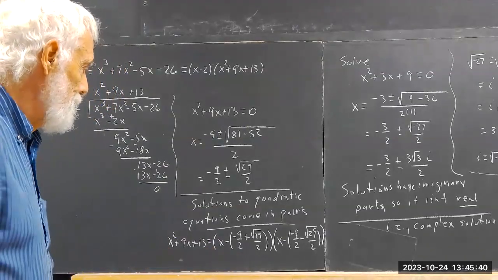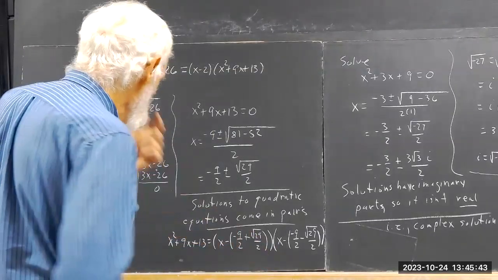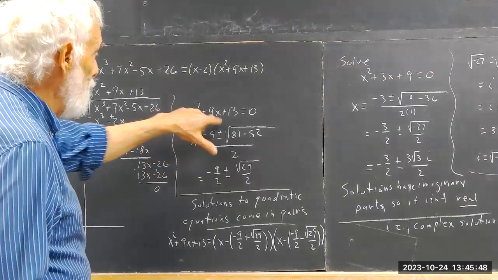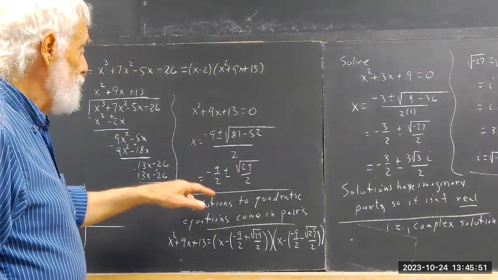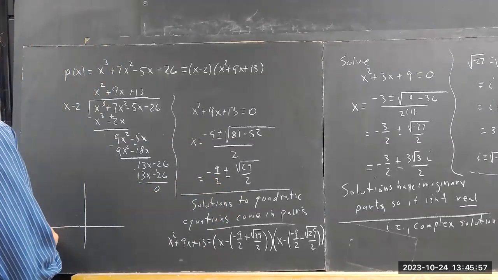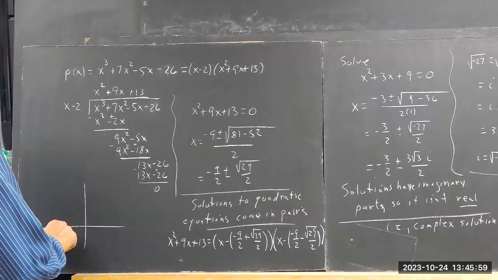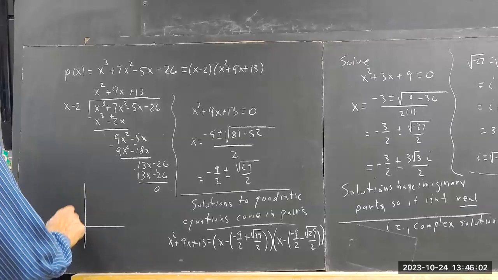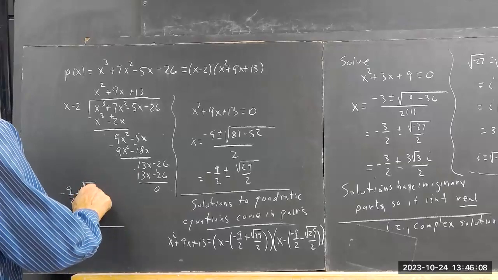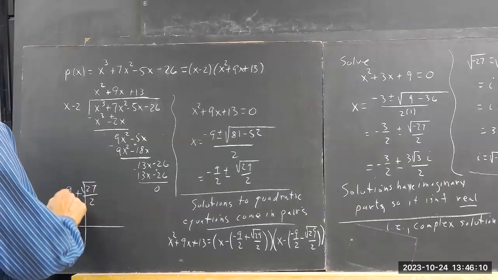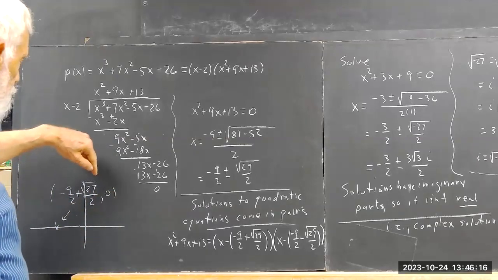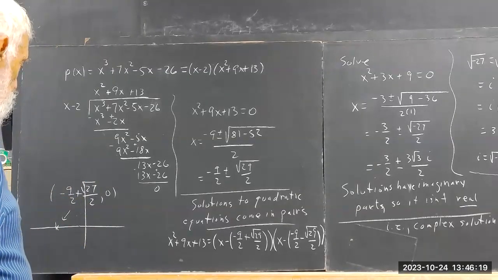Okay, well, why would I write this? It's because if I want to graph this polynomial, its zeros are going to be these. One of the zeros is -9/2 plus the square root of 27/2.